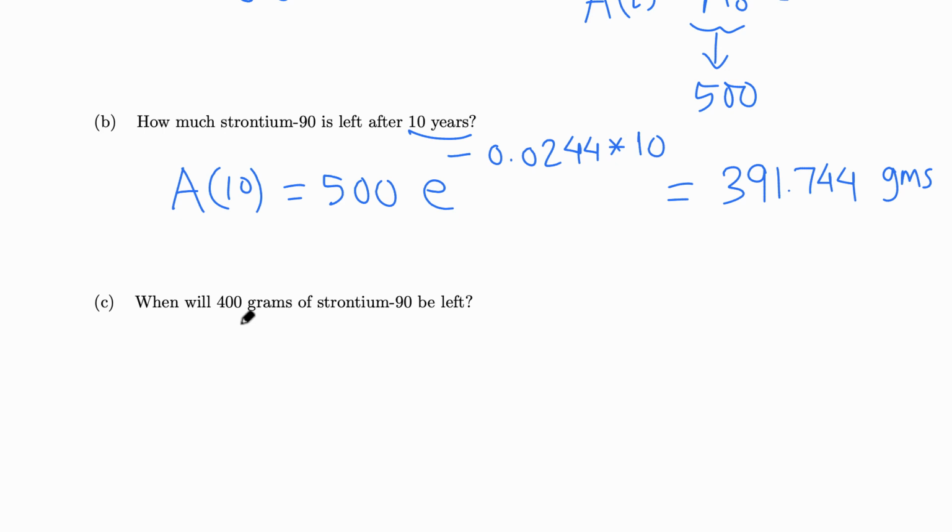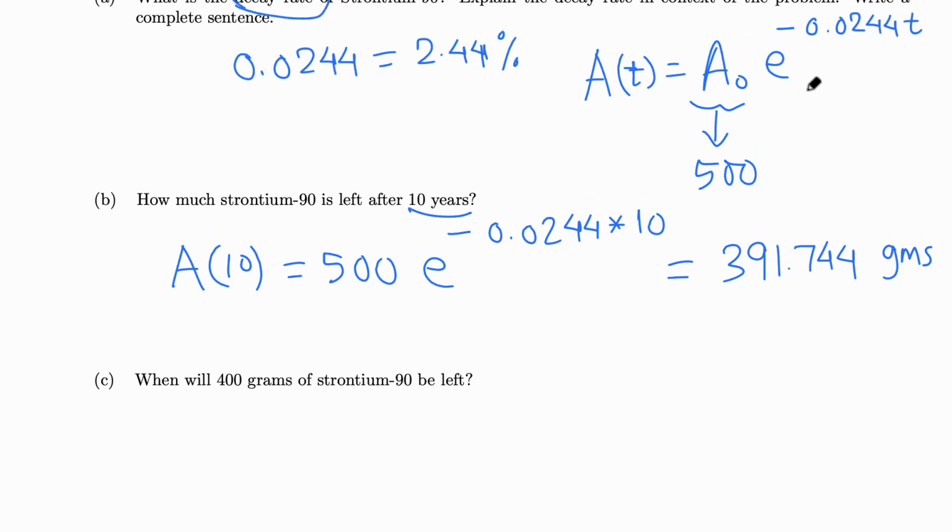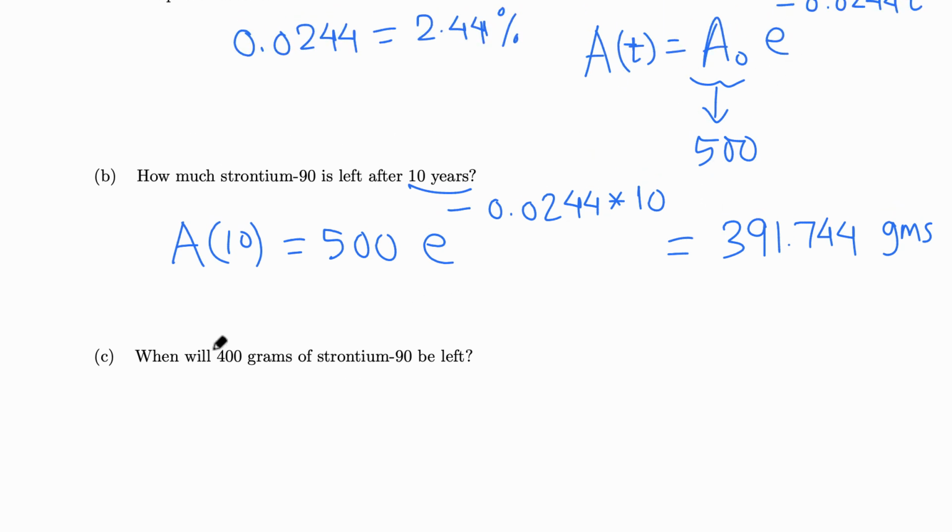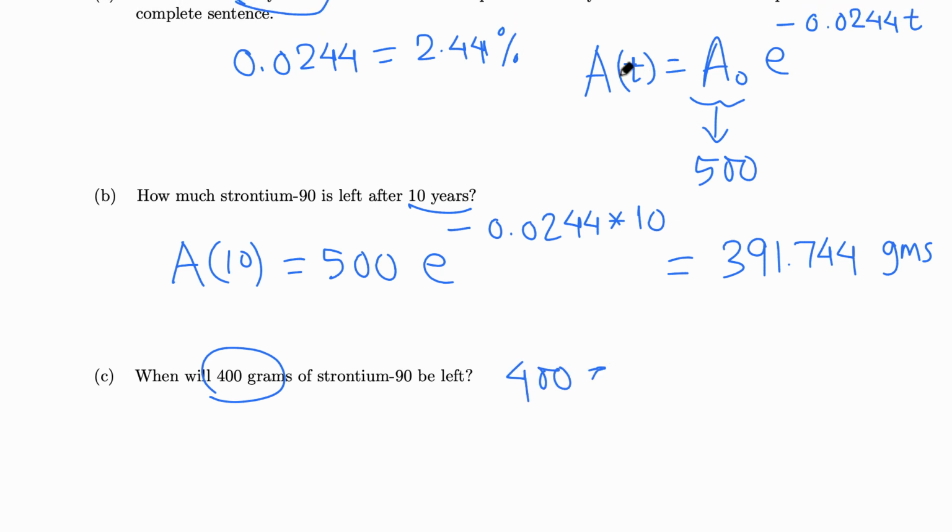When will 400 grams of strontium-90 be left? So we need to find the time, using the same formula. 400 is the final amount. 400 equals, initially we had 500, times e raised to negative 0.0244 times t.